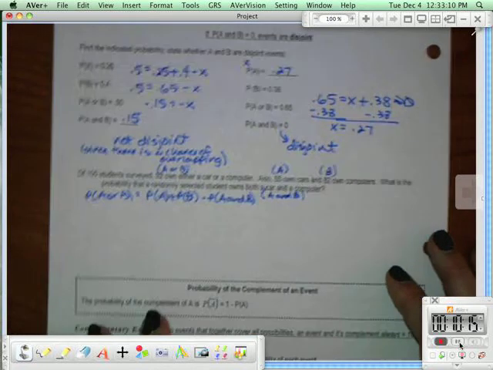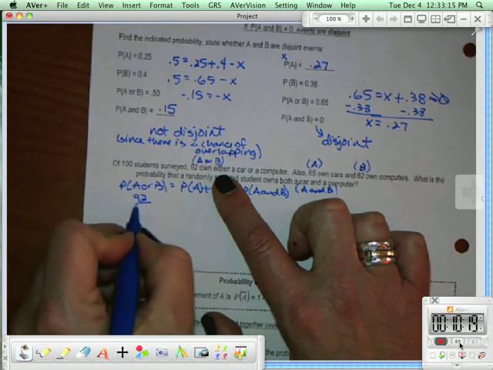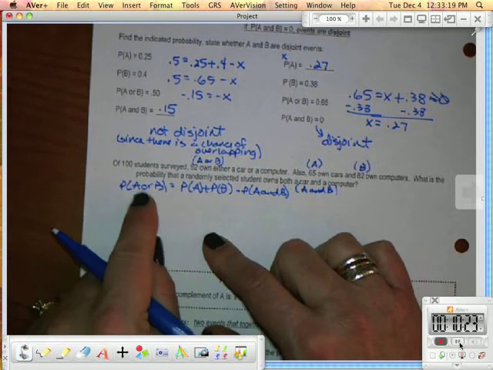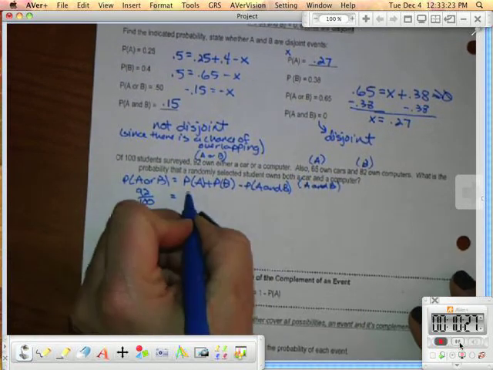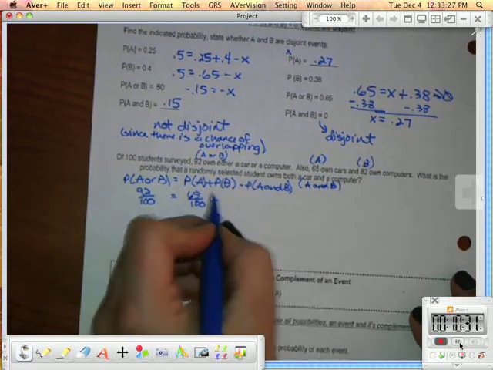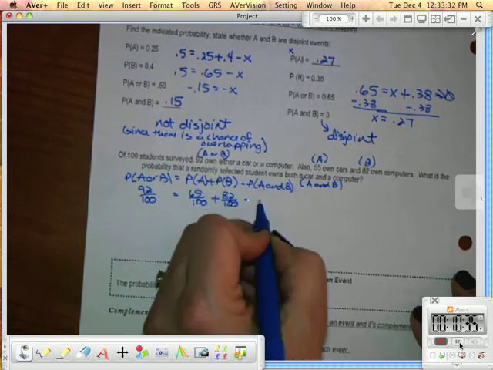I know that 92 out of 100 own either a car or a computer. That's the probability of this occurring. The probability of A occurring is 65 out of 100. Probability of B occurring is 82 out of 100 minus, I don't know how many, X out of 100.